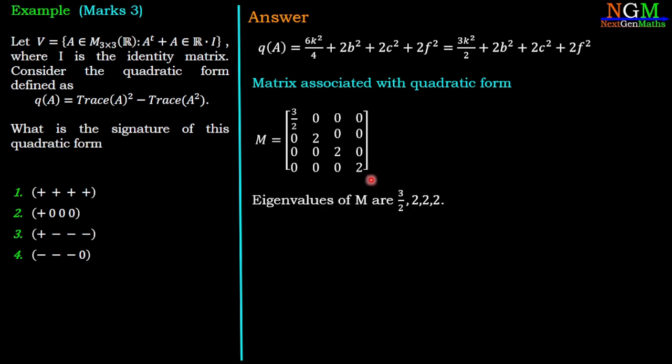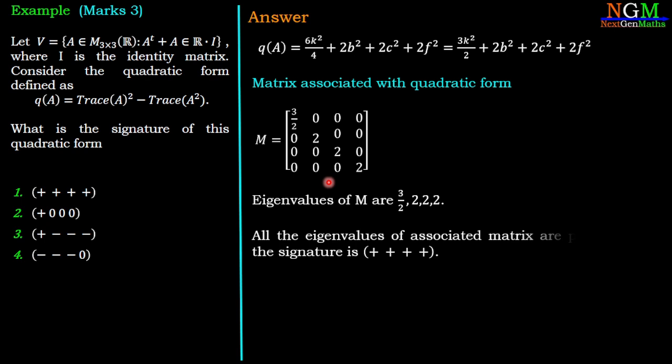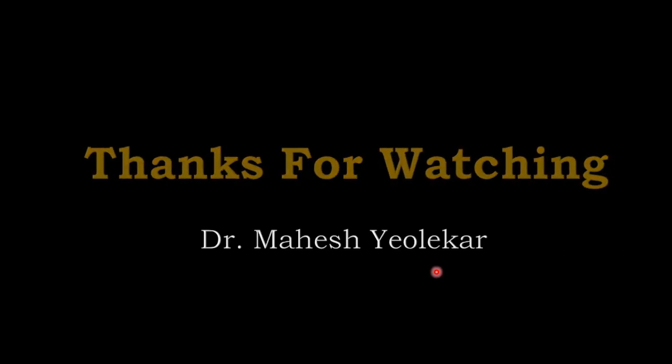Therefore, the eigenvalues of M are the diagonal values 3 by 2, 2, 2, 2. All the diagonal values of M are positive. Therefore, the signature of matrix M is plus plus plus plus. So the signature of the quadratic form is plus plus plus plus, which is option number 1, and option number 1 is the correct answer.